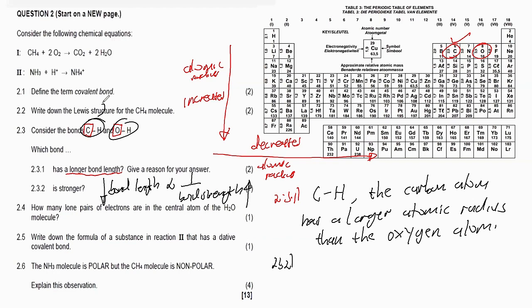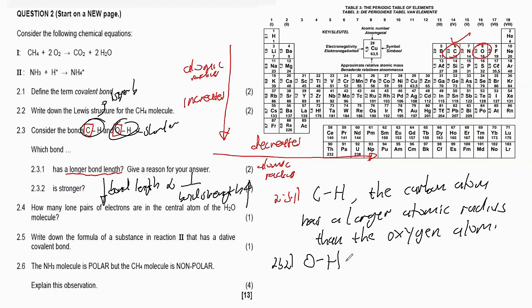So since we have discovered that this one has a longer bond length and this one has a shorter bond length, the one that will have a stronger bond strength is the one with the shorter bond length, which is O to H. So just like that, we've answered those questions.